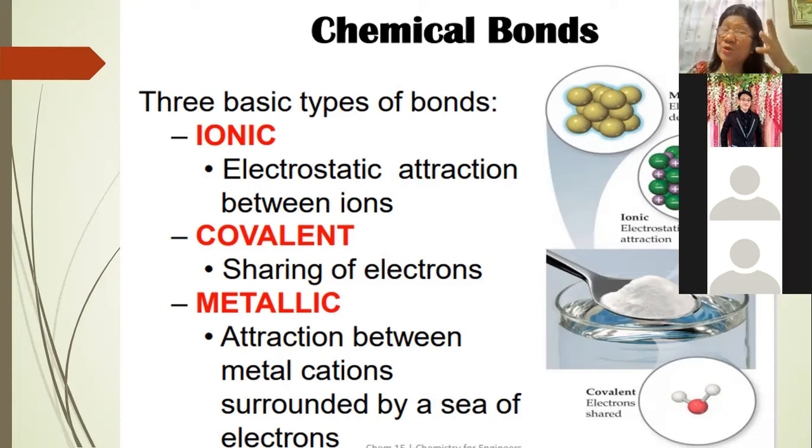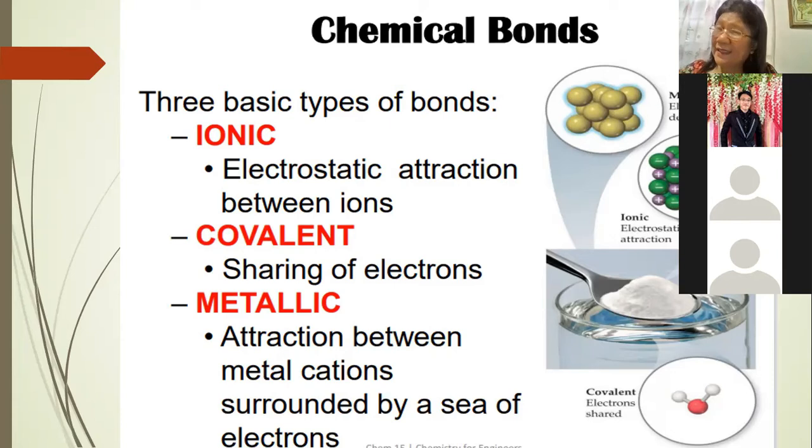Group 2 bears positive 2. Group 7, which is the halogens, for instance chlorine, has negative 1. Now, for instance, sodium combines with chlorine. What is the oxidation number of sodium? What is the charge? Positive 1.